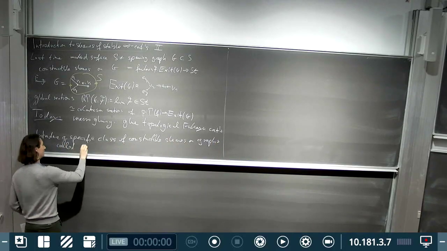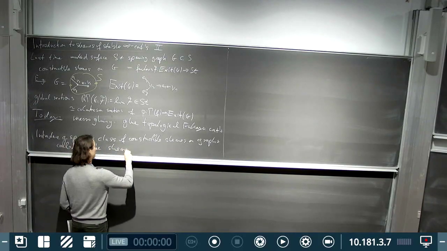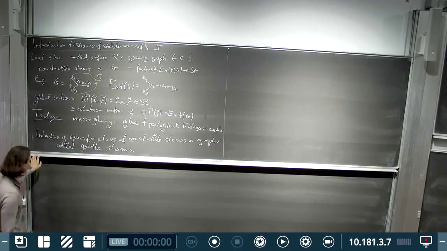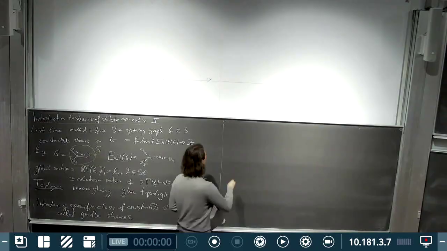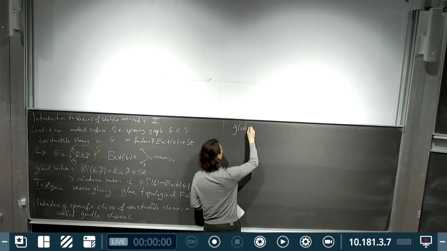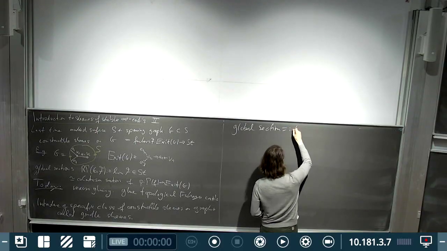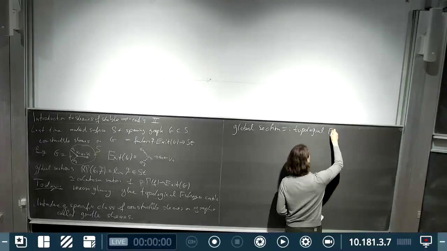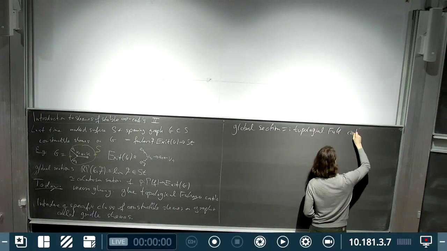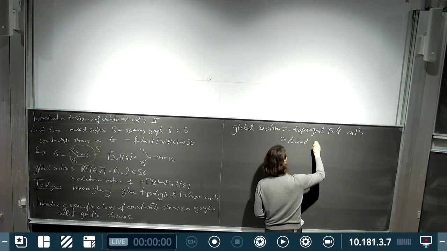I don't think this is an established name for them, but I think it serves its purpose. And their global sections will be called topological Fukaya categories. And they are equivalent to the derived categories of graded gentle algebras.